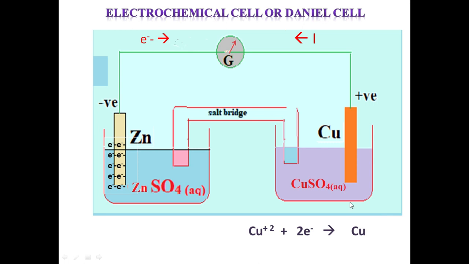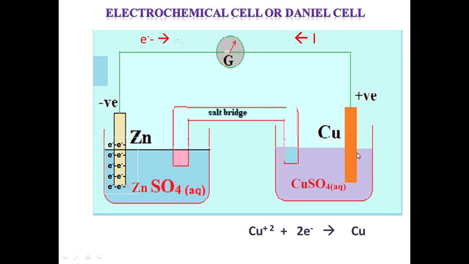That means copper is deposited over this electrode, while the zinc electrode goes on thinning. Its thickness gradually decreases, while the thickness of the copper electrode gradually increases due to deposition of copper.